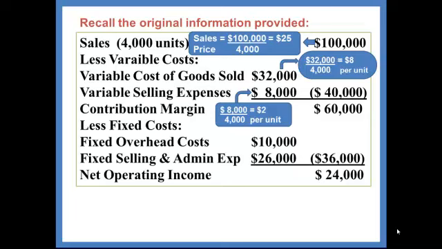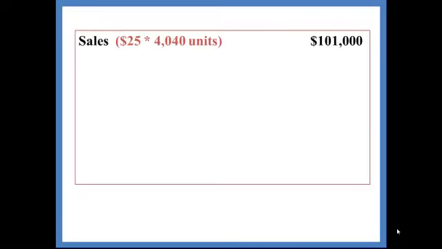All right, with this information, a sales price of $25 and a total variable cost of $10 per unit, $8 product cost, $2 period cost, for a total of $10, we can make our calculations. Sales, $25 per unit times 4,040 units is $101,000.